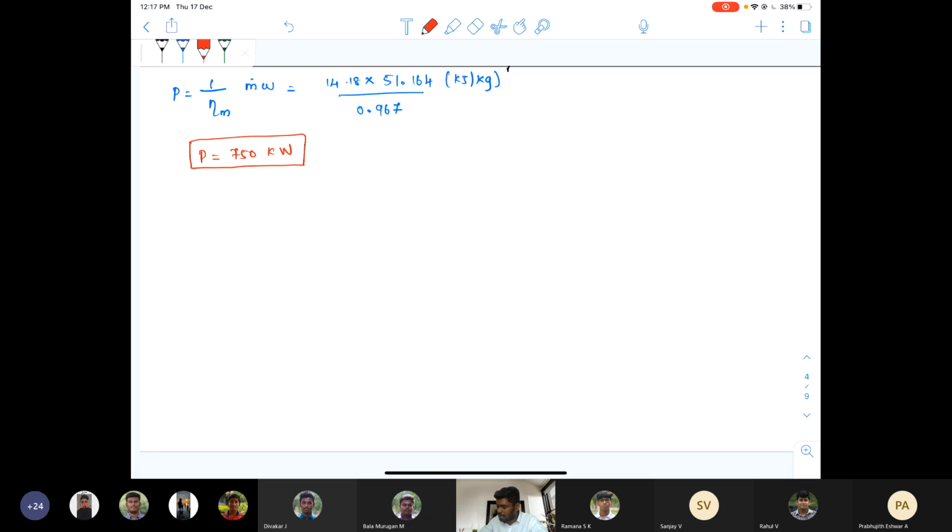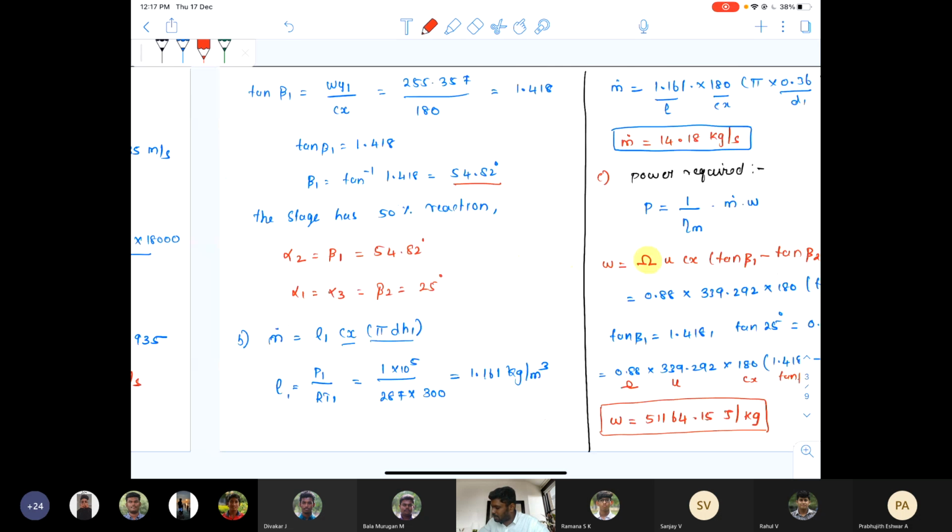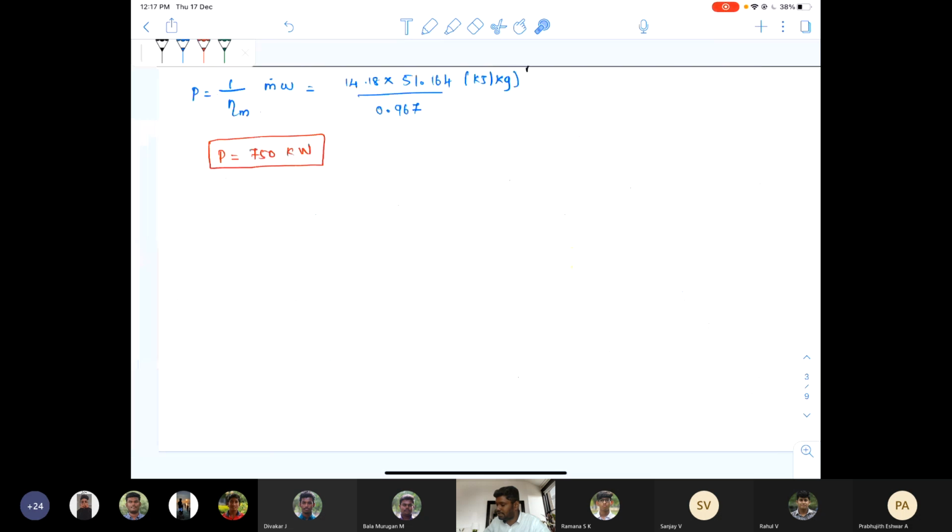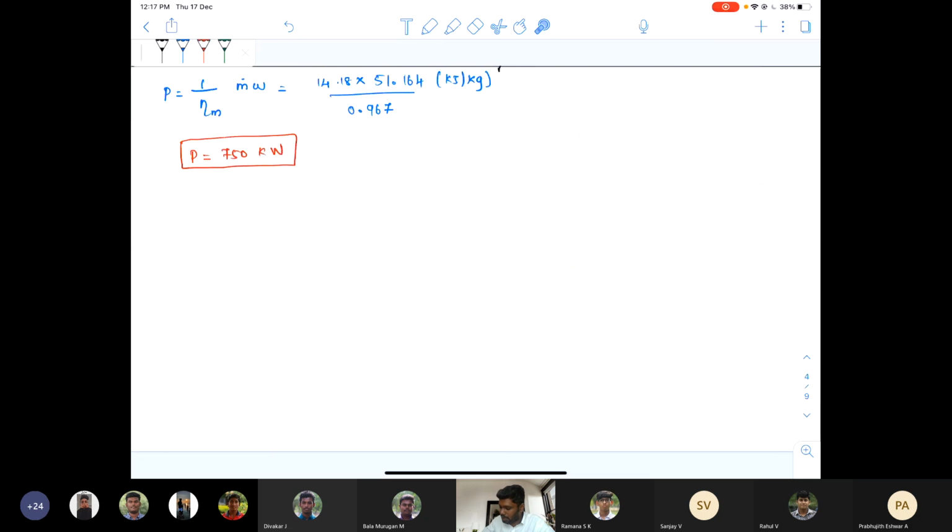Okay, and the next subdivision is the loading factor, which is given by psi. In the yesterday class, we derived this equation: psi, the loading factor, is equal to W by U square.